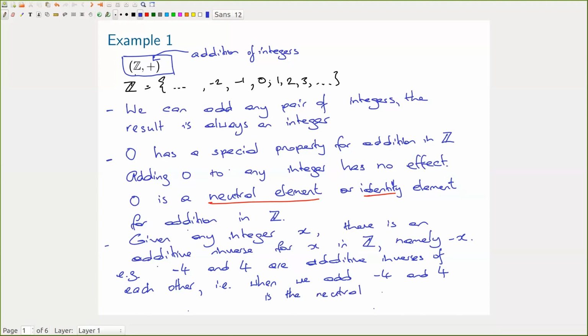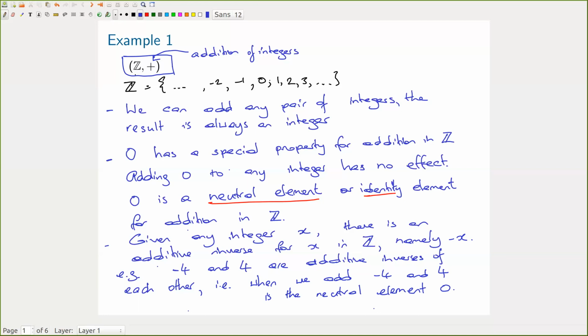The advantage of describing it that way, instead of talking about subtracting, is that this notion of having an operation on some set and being able to combine two elements to get the neutral element applies in lots of different situations where we might not have words like subtraction to describe what we're doing.